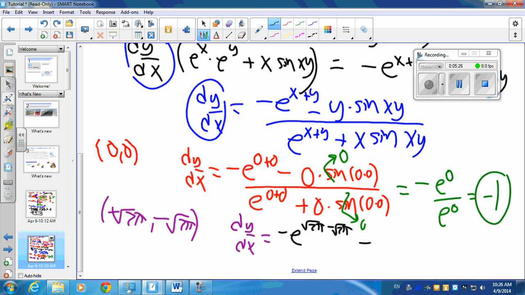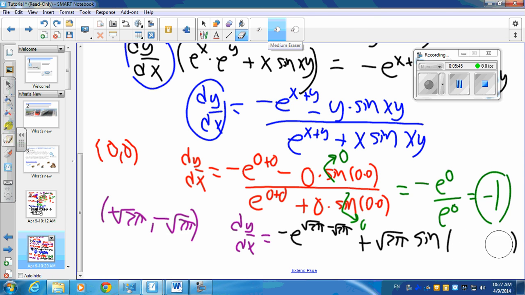Then with this one, you're going to get negative square root of 2 pi times the sine of the product of the square root of 2 pi times negative square root of 2 pi, which is going to be what? Negative 2 pi. And on your unit circle, is negative 2 pi the same as 2 pi? Just the way the circle is, it's the same thing. So what is the sine of 2 pi?